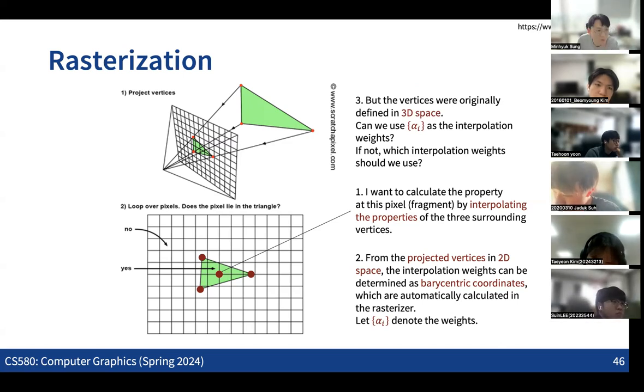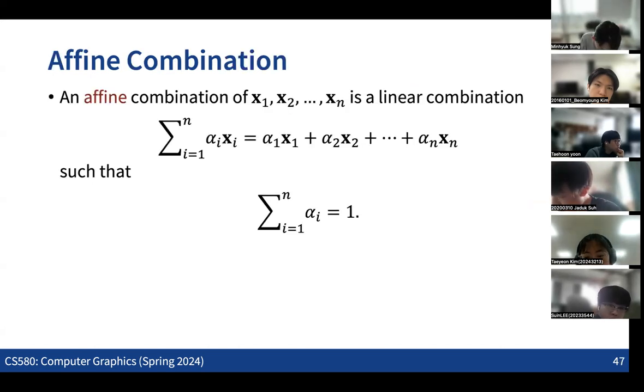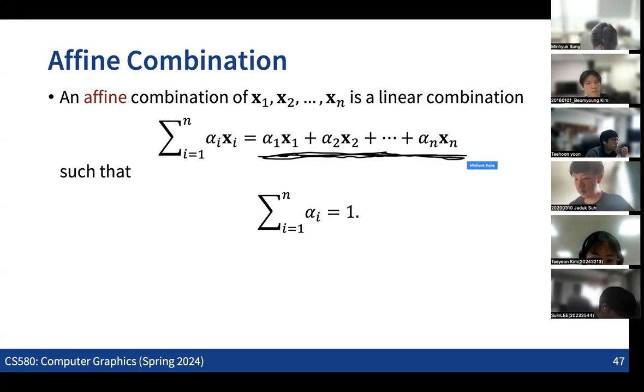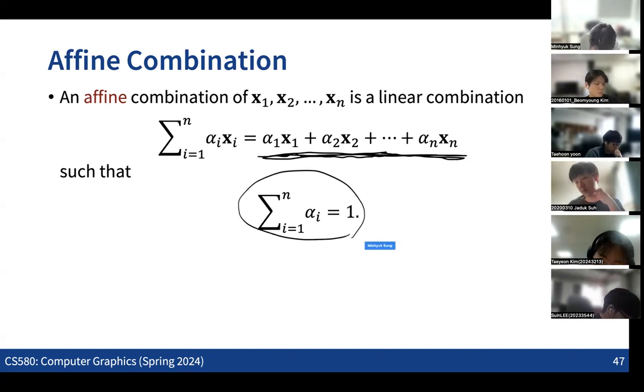For that, let's briefly check out the affine combination. An affine combination is a linear combination defined like this, with the only constraint that the sum of the weights should be 1.